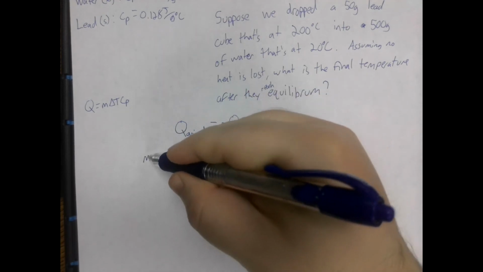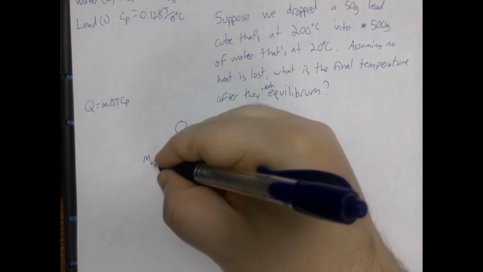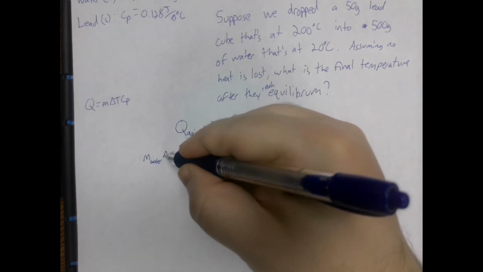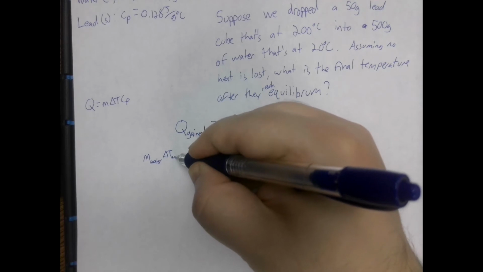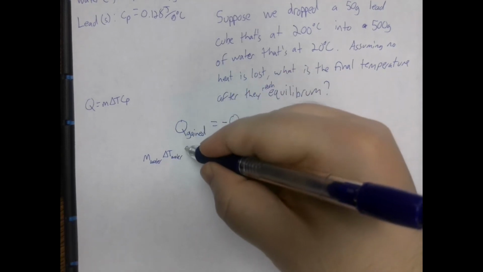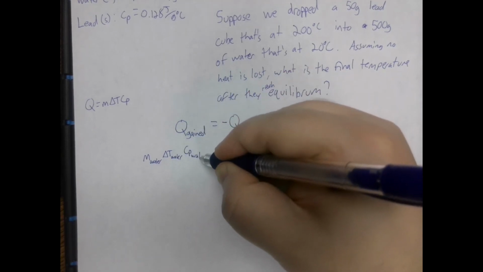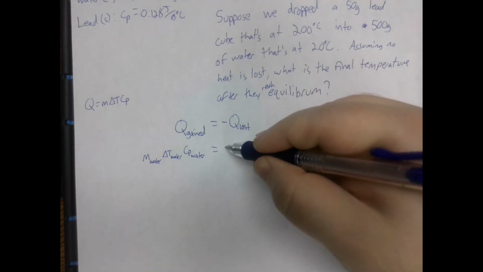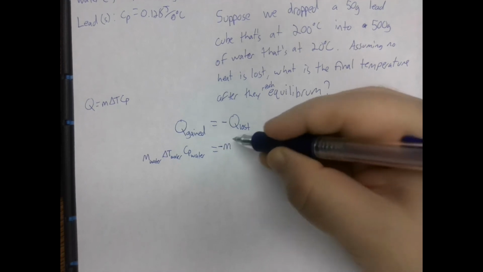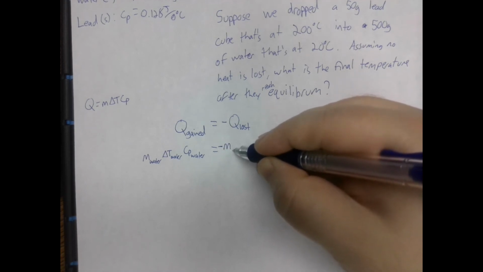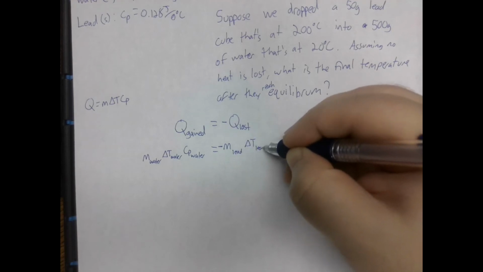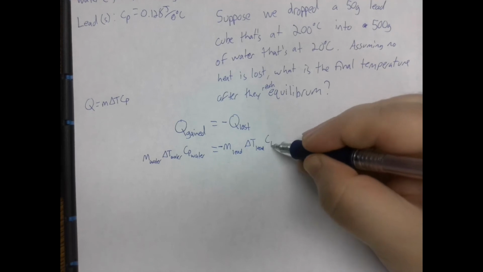So the mass of water times the change in temperature of water times the Cp of water will equal negative the mass of lead times the change in temperature of lead times the Cp of lead.